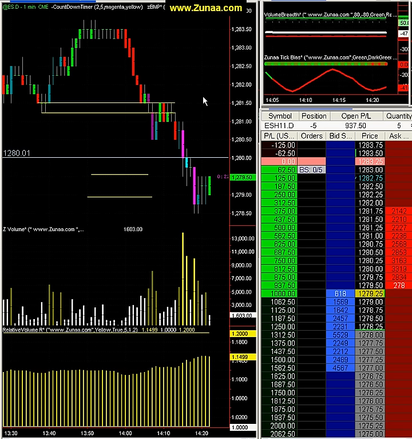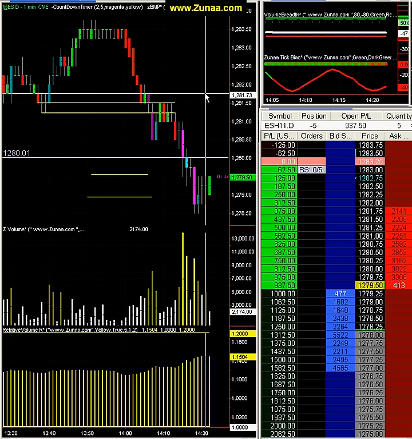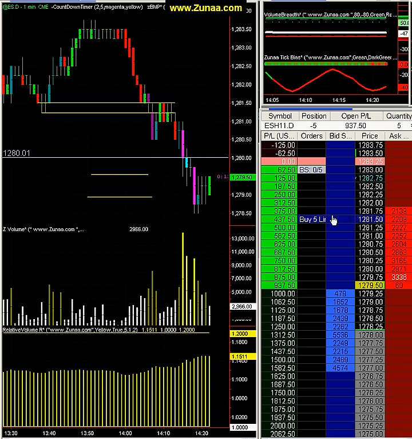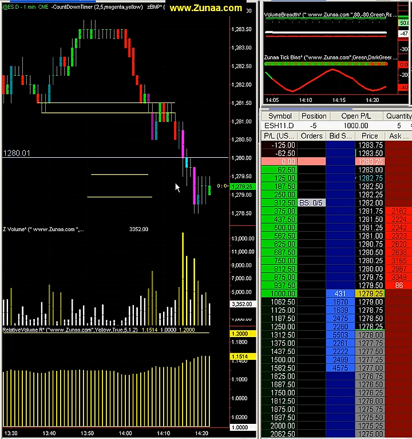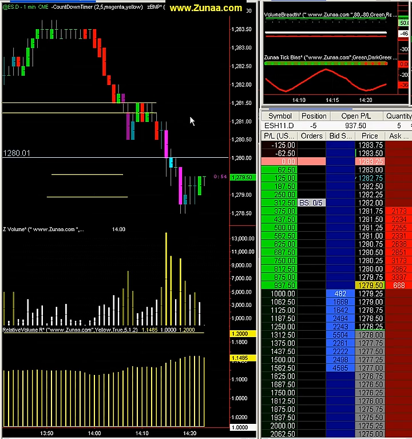Obviously we're not going to let it go above this level here, so we can move it down to the 81, 82 level. When you have a runner like this, why not try to capture it if it begins running? Although it looks like we're holding this level, and this is major support, as I said, we can give it a little bit of time and see if it runs for us.